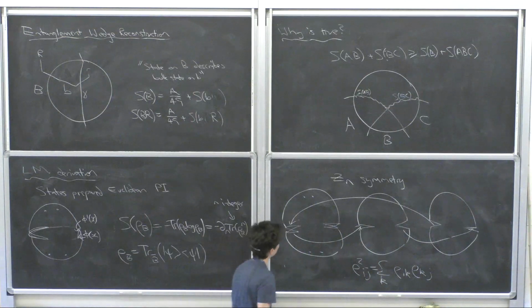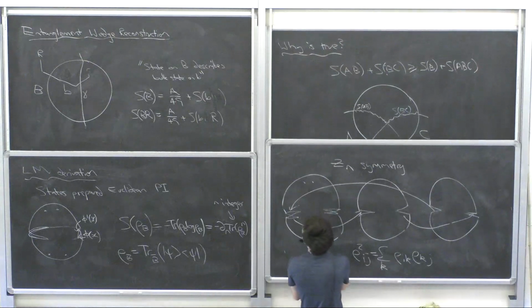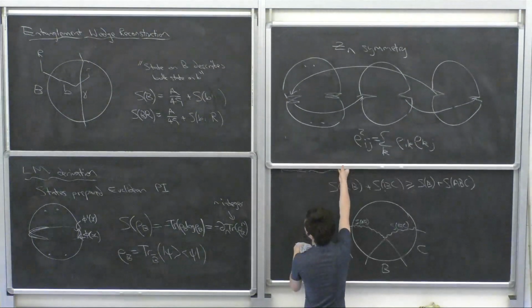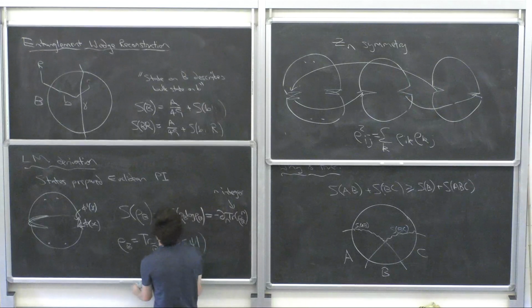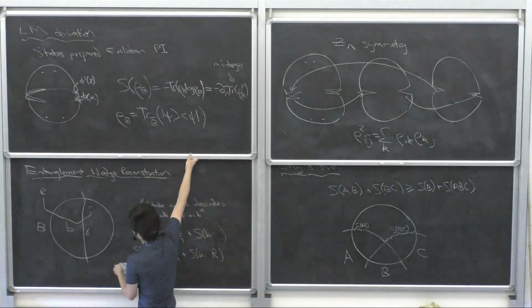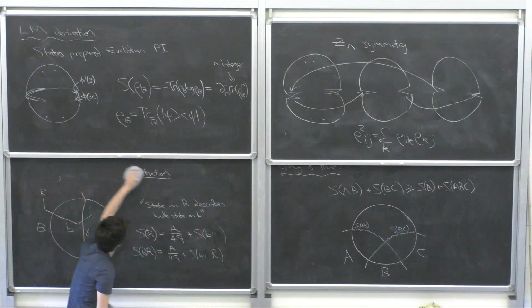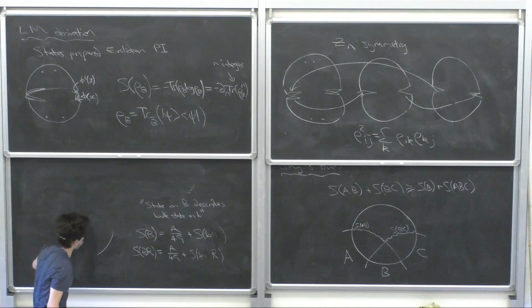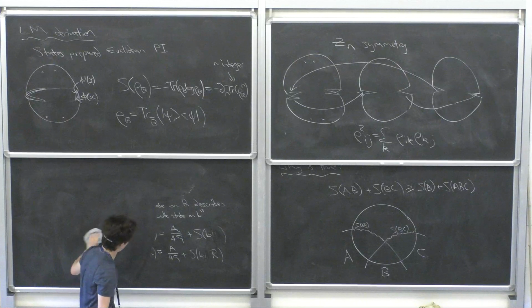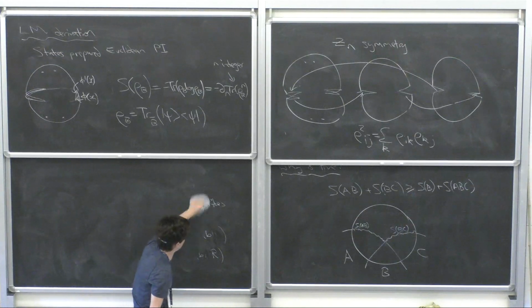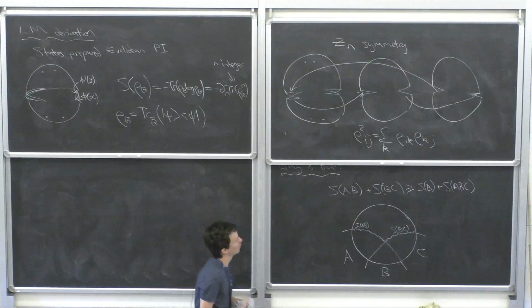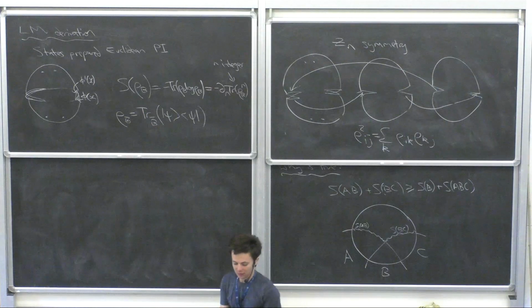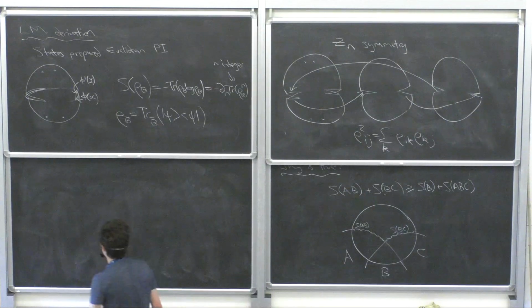Okay? That's going to allow us to write this very complicated path integral on n different spheres in a much simpler way, as follows.